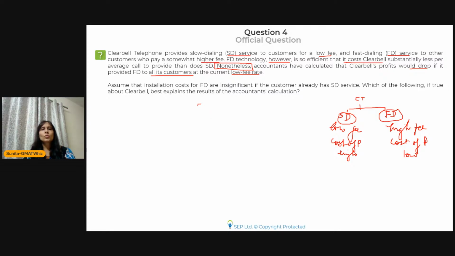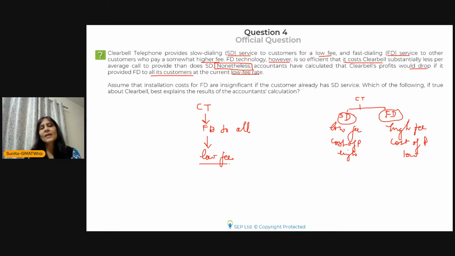So the scenario in the conclusion is Clearbell is going to provide FD to all customers, that means even to the SD people, and it will provide it at the low fee. That means the low fee that was charged for SD, low fee.